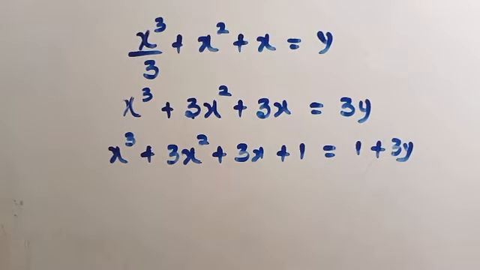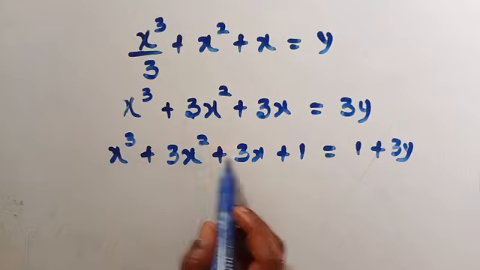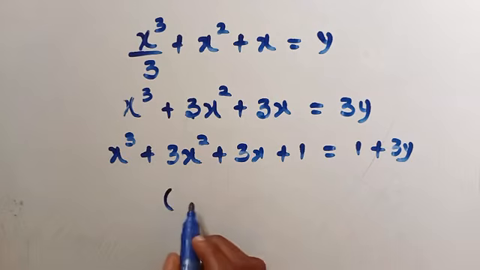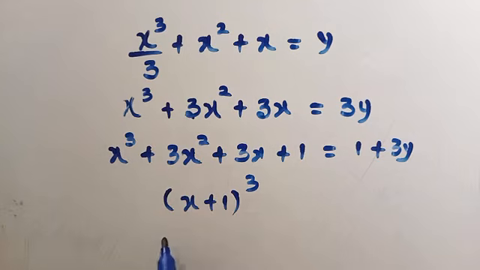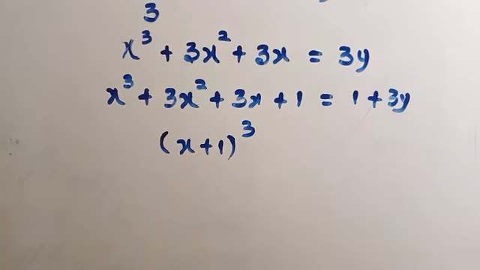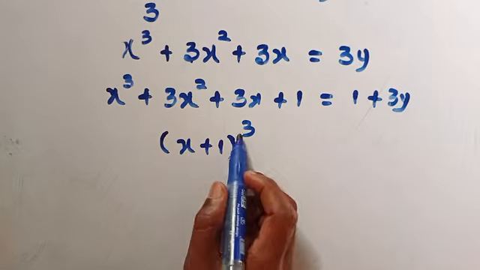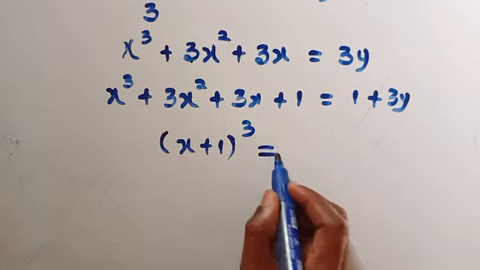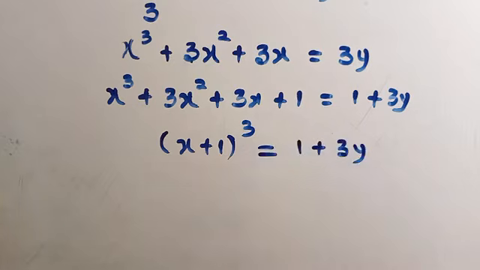And there is a reason for this. x cubed plus 3x squared plus 3x plus 1 is just x plus 1 raised to the power of 3, by applying the Pascal triangle coefficients for x plus 1 cubed. Then this equals 1 plus 3y.